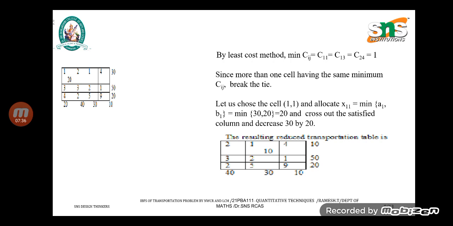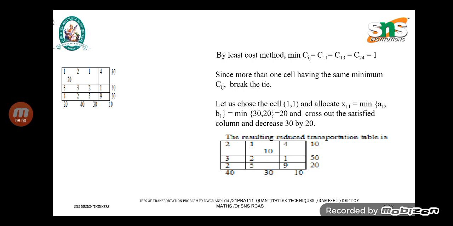Then we have the second table. So 214, 321, 259 is the unit cost of the TP. From that apply the least cost. So the least cost is here in the second table, the least cost is 1, that is first row. So its corresponding supply 10, demand 40.